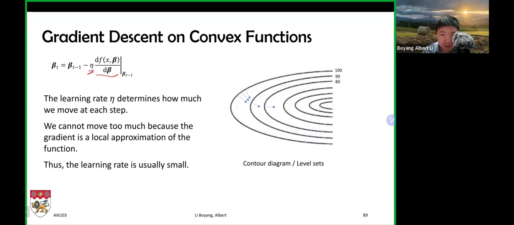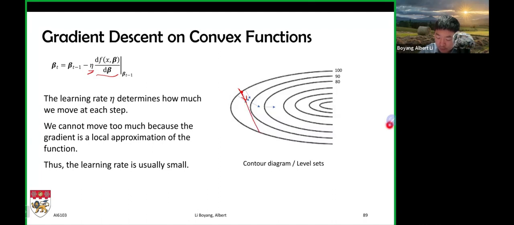Okay, and the reason for that is that the gradient is only a local approximation of the function, right? So it's how much the function changes when you take an infinitesimal step. If you go too much, then this direction may not be the right direction. For example, if you start here and take the perpendicular direction, this is where the gradient is pointing. So you can move a little bit along that direction, and that will decrease your function values.